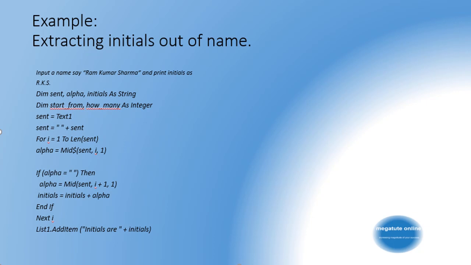If there's a space before the R, you have to pull out R. If there's a space before the K, you're going to pull out K. If there's a space before the S, it's going to pull out S. Now whatever it is pulling out and storing into alphabet, we have taken another string variable initials into which you are storing that alphabet. So basically whenever the space comes, it pulls out the next letter and stores into the string variable initials, and then it continues the loop. And out of the loop, when you print the initials, it's going to print out RKS.